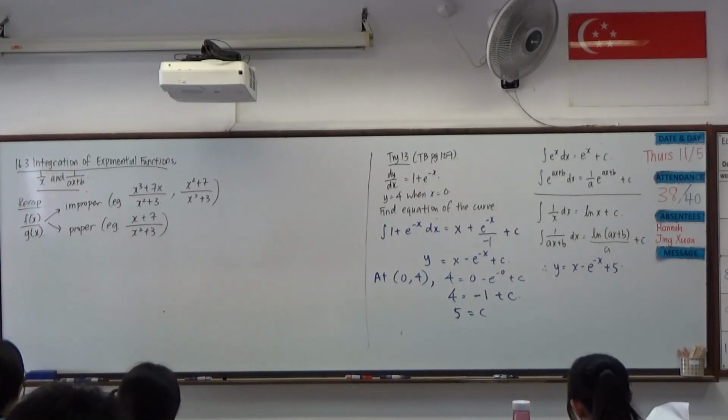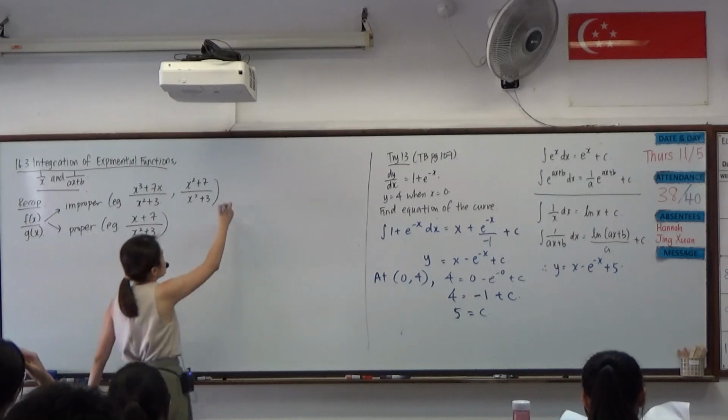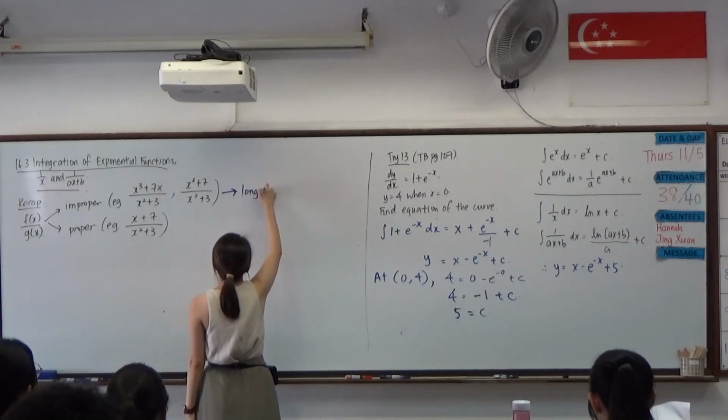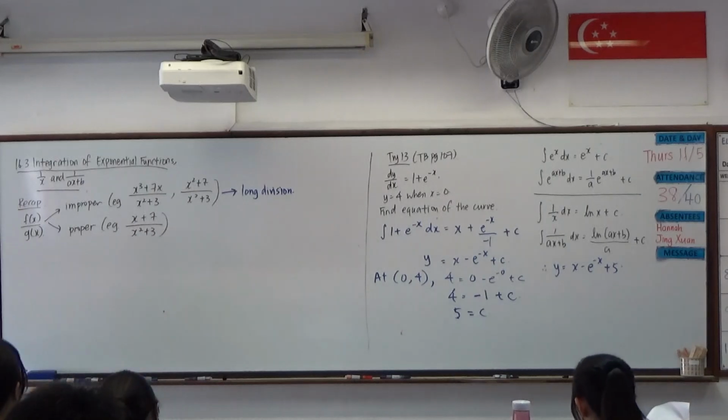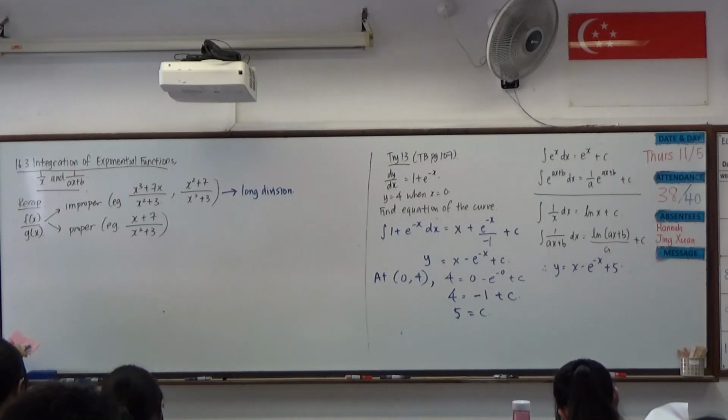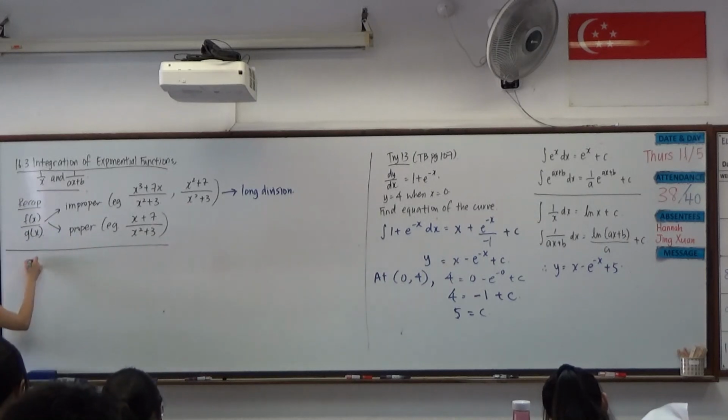We learned that when it comes to improper, we need to do long division before we go about splitting it up into different partial fraction forms. The forms that we have when it comes to partial fractions, we observe the denominator.